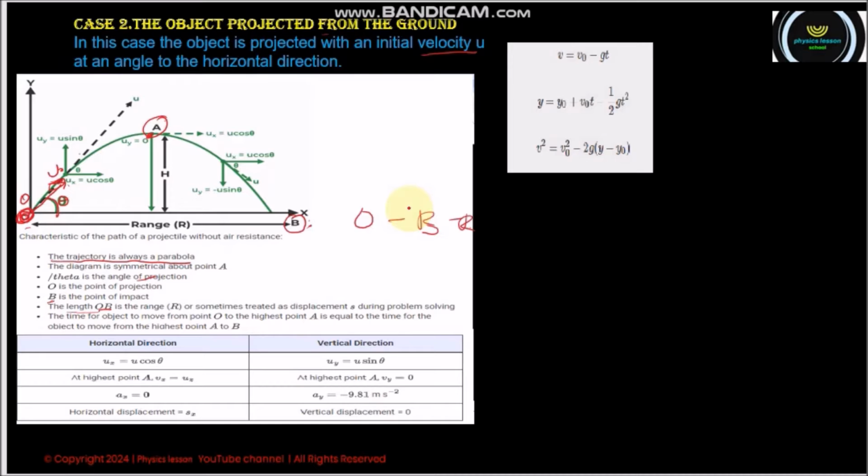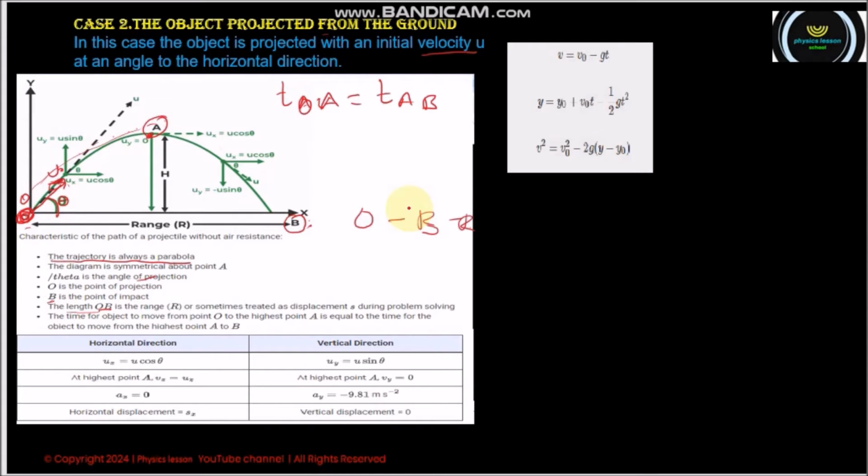The time to move from point O to the highest point A is equal to the time for the object to move from the highest point A to B. The time OA is equal to the time AB.